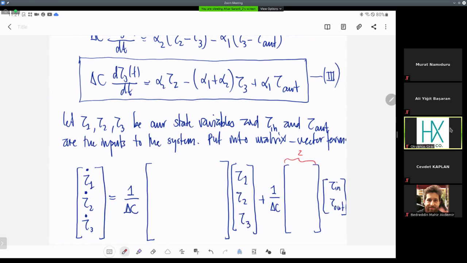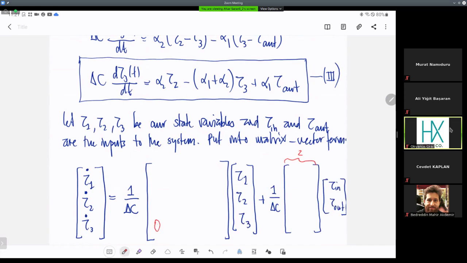Okay, so let's get from our equations what we have. Let's start with the third equation, at the last row. You see that I have no tau 1 in this equation, so the factor of tau 1 is 0.